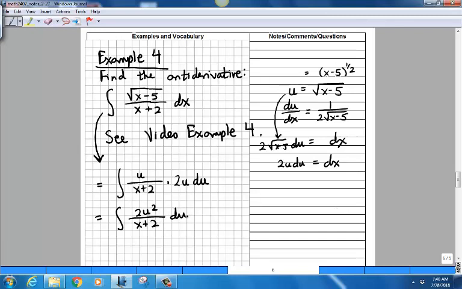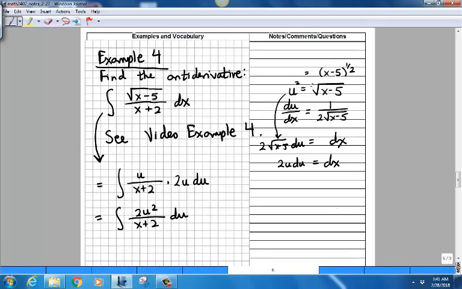All right, so obviously we're not quite ready to integrate here, because we still have x in the integrand. So I also have to eliminate this x. To do that, I'm going to go back to my original substitution where u was square root of x minus 5, and I'm going to square both sides.